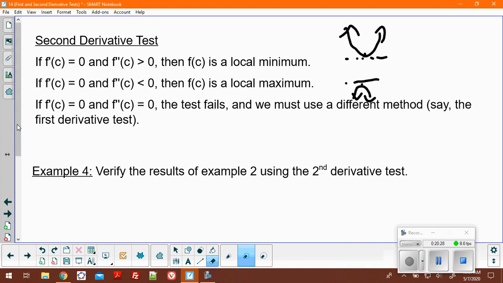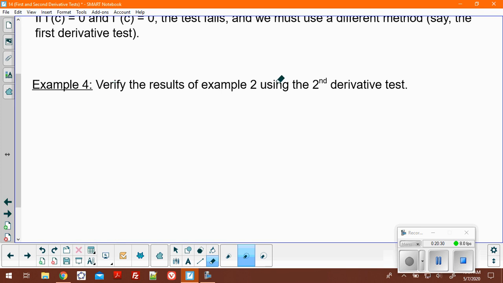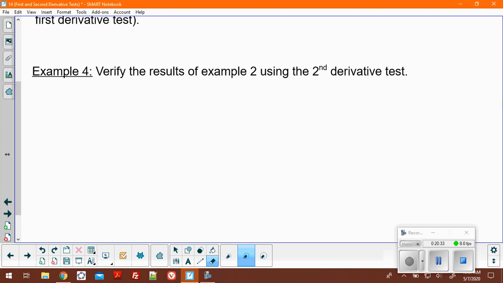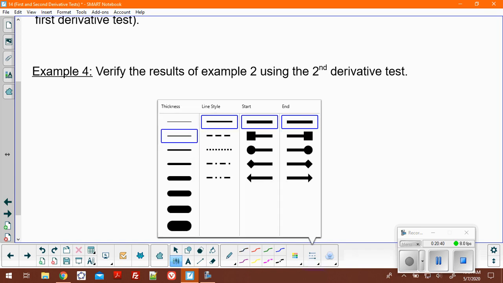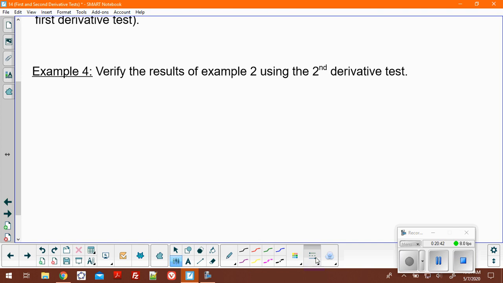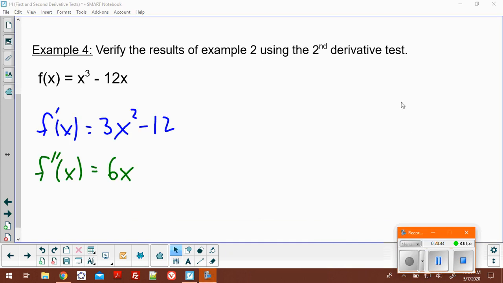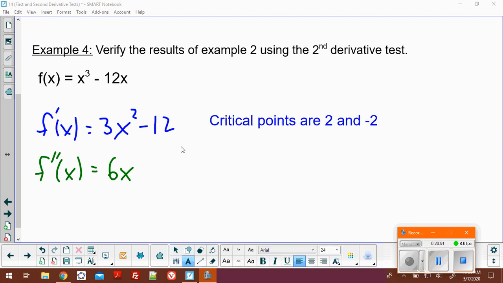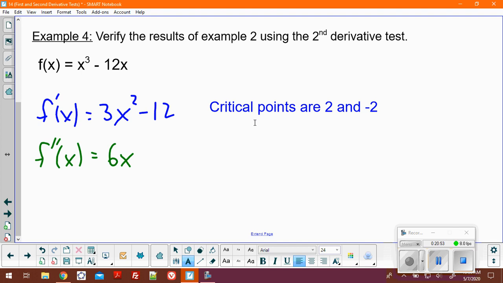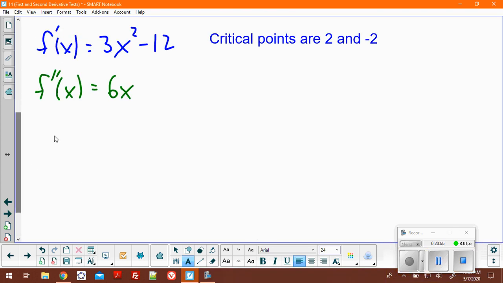So example 4, we're going to verify what we found in example 2 using the second derivative test. Again, let's just list out our derivatives here. We found that our critical points were at +2 and -2 when we worked with the first derivative. So to test if it's a max or a min, I go to my second derivative and start plugging in the values and see what happens.